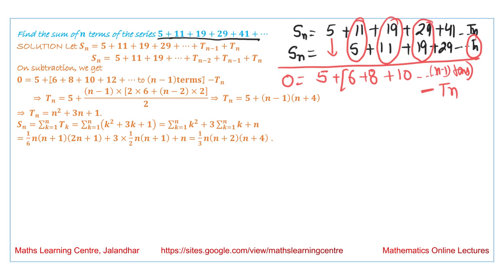So the value of Tn is equal to 5 plus 6 plus 8 plus 10 and so on up to n minus 1 terms.